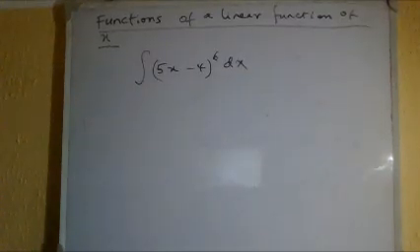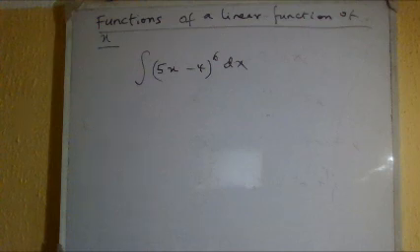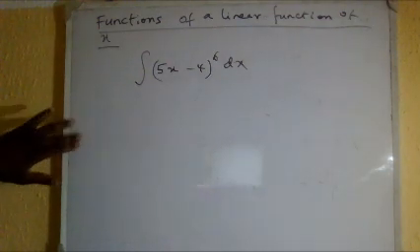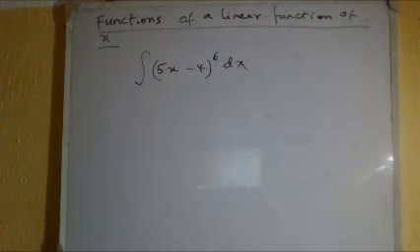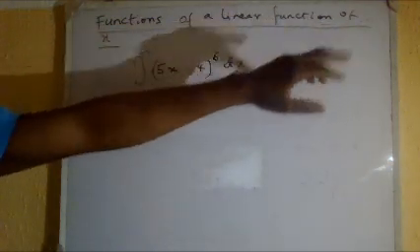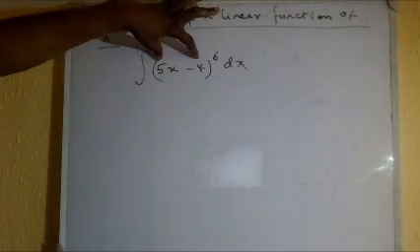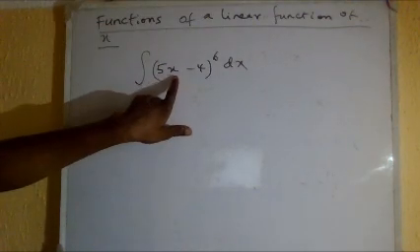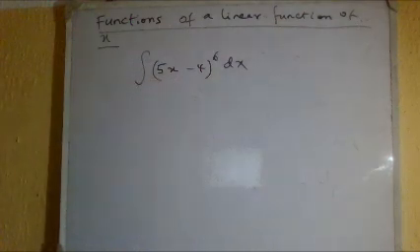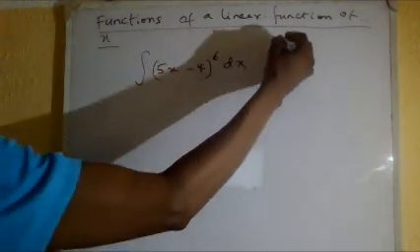Okay, so we'll do this particular subtopic in this presentation: functions of a linear function of x. What does that mean? I have a linear function. This is a linear function. Why? Because the highest power of x is 1.